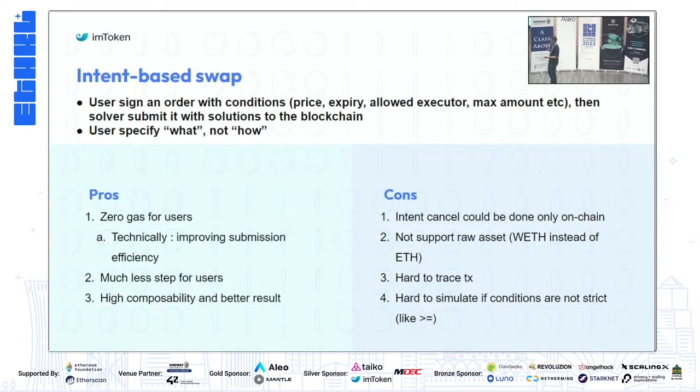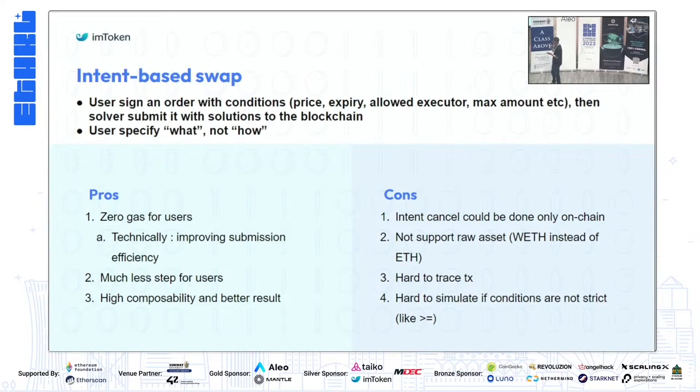Let's take a look at how a swap is done with such a design. A token swap can be understood as a desired state change: you pay some tokens to get other tokens, right? So basically, you want a specific balance difference after the swap.